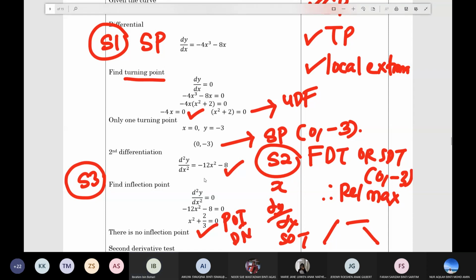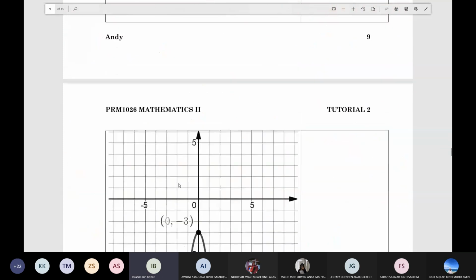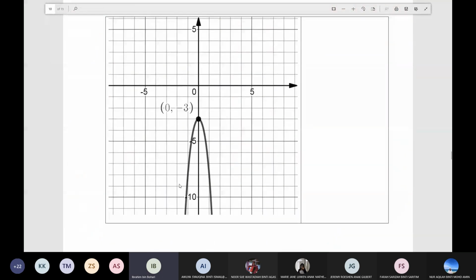Yeah. Okay. And step 4, table of concavity, you all check. So graph here concave downward, check this later. Okay. And last, you check the graph.